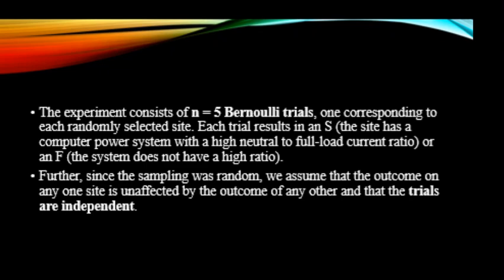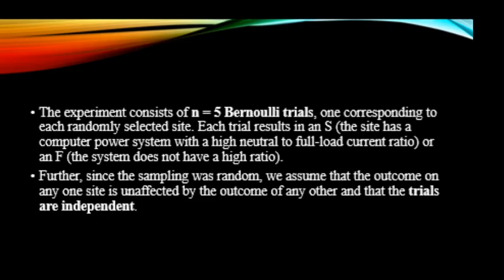Okay, so now let's see if this experiment is a binomial experiment. There are 5 sites, so our n is 5. Each one is a Bernoulli trial because each trial will result in a success when a site has a high neutral to full load current ratio, and it will be a failure if the system does not have a high ratio. So it's either success or failure, 2 outcomes. So this is a Bernoulli trial.